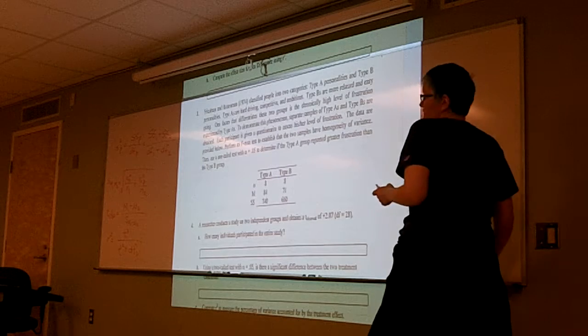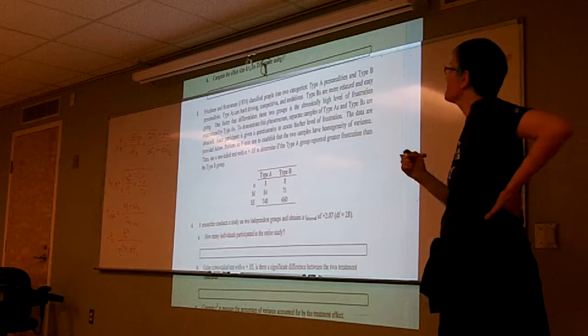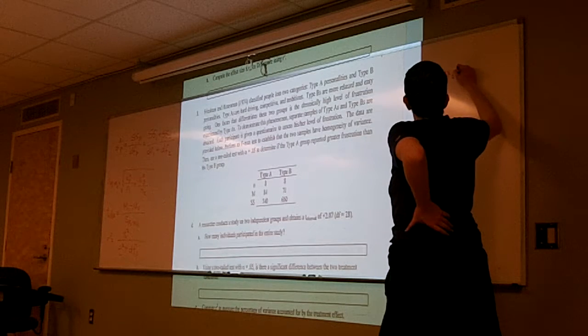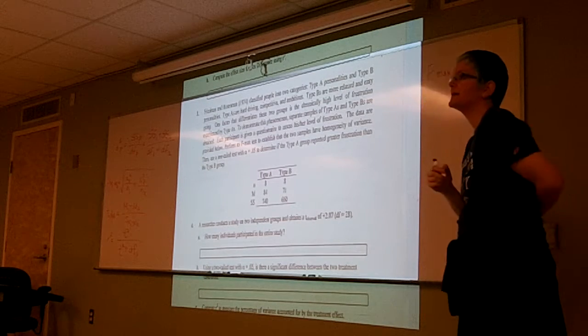What do I need to know to do Fmax? What's the formula for calculating Fmax observed?